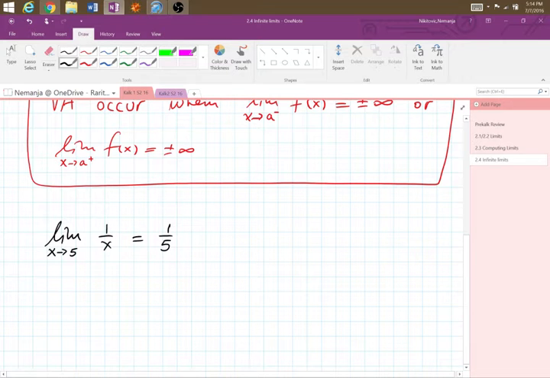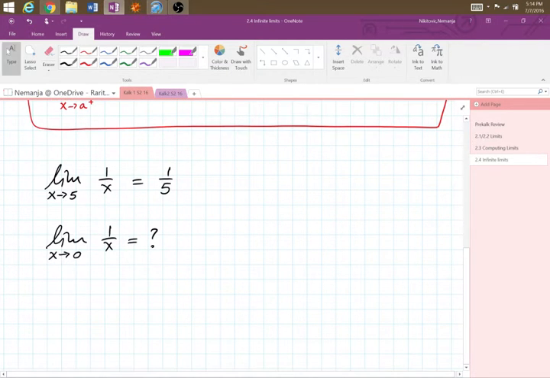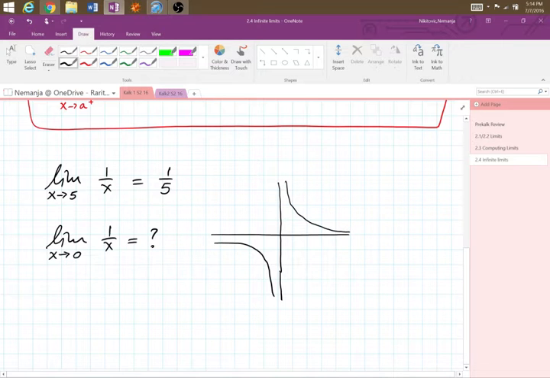So if we are looking at the limit of 1 over x, and x is any value other than 0, then we can simply plug it in and we will have the answer. So what happens in the case of the limit as x goes to 0 of 1 over x? Well, for that one, we will look into the left and the right limits, and we will decide from there.